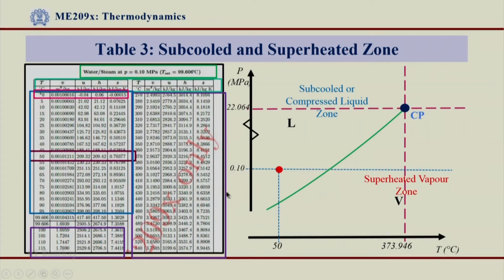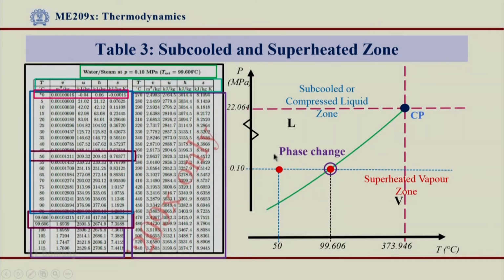If I go on increasing the temperature, I will ultimately hit the phase change region, the LV line, where I would encounter phase change. At 99.606, I get the values over here, and these are the values of saturated fluid.